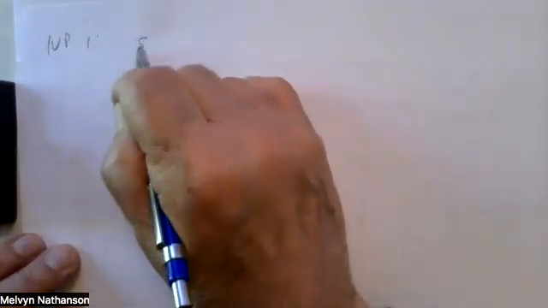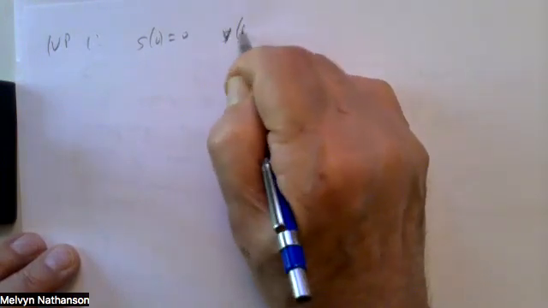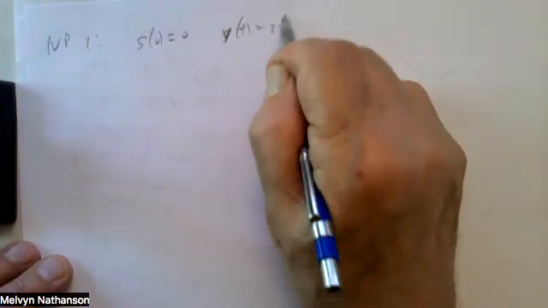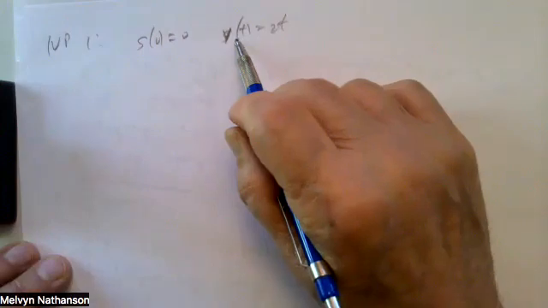So initial value problem 1, s of 0 is 0, and the velocity, v of t, is 2t. So what is the initial value problem? The velocity, that's s prime of t.